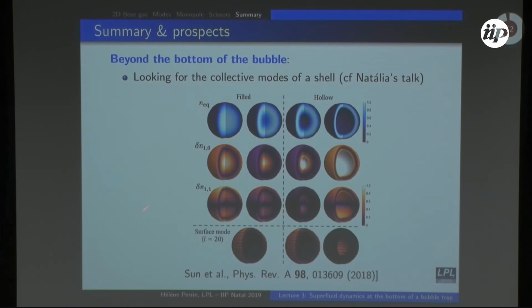So these were two slides I added to say the things we have not spoken of. This was shown already by Natalia the first day. Once we have this bubble, we can also wonder what kind of modes we have with a coherent gas.